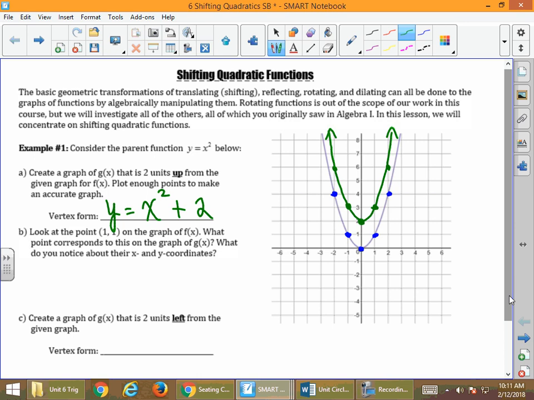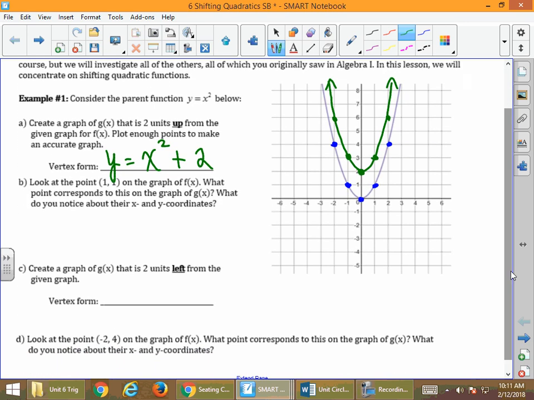And hopefully as we go throughout the day today, you'll have a little bit better understanding of where that came from. But let's look at this point (1, 1) on the graph. So that was on the blue graph here. What point corresponds to this on our g of x, on our green graph? Well, (1, 1) became (1, 3).